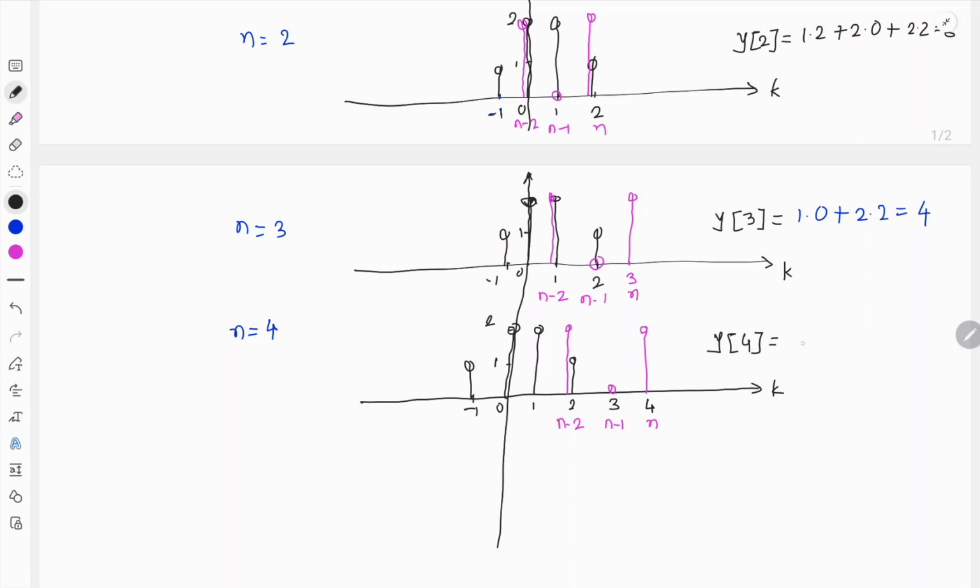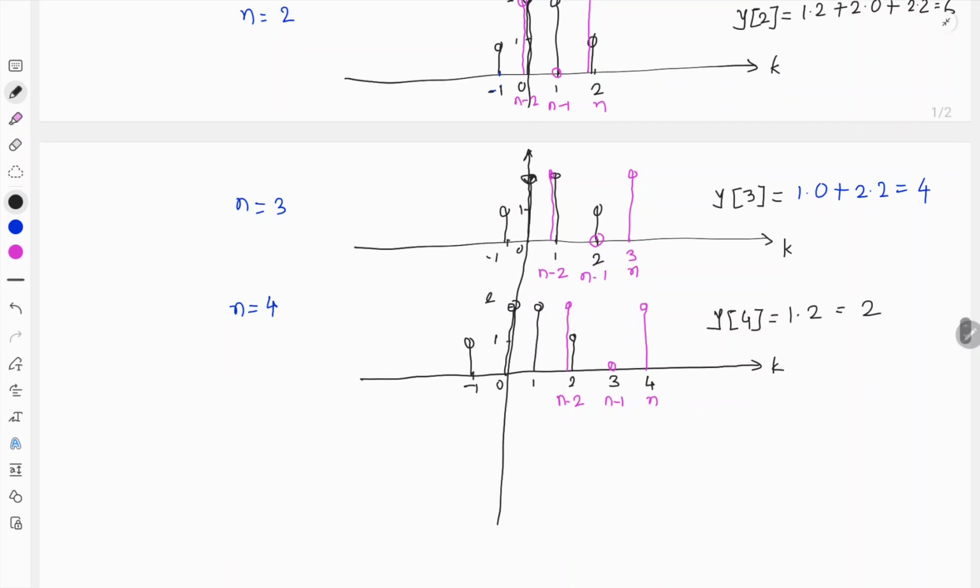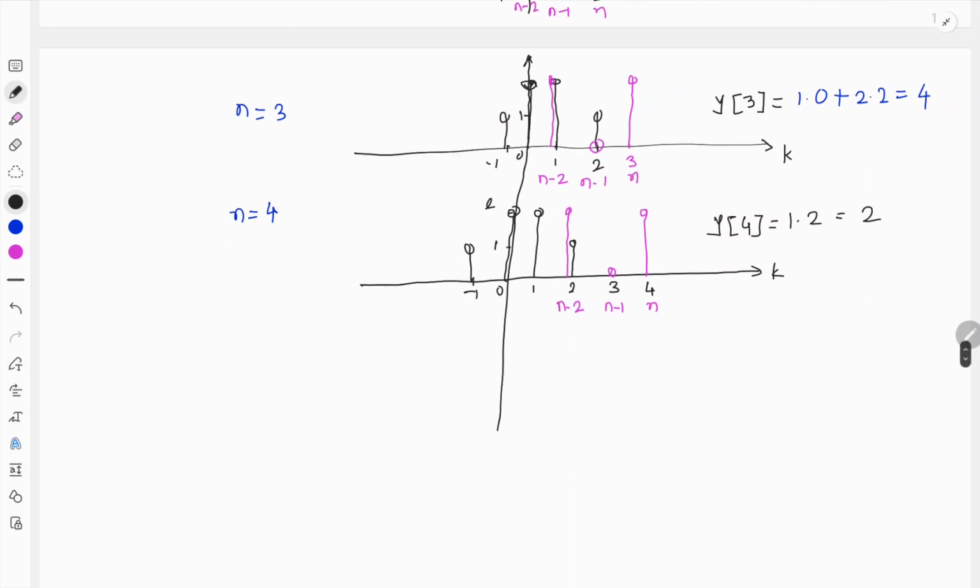So y of 4 equal to, only one sample is overlapping, where x is 1 and h is 2, which is equal to 2. Now if we increment value of n equal to 5, and again draw these particular signals, we will not get any overlap.